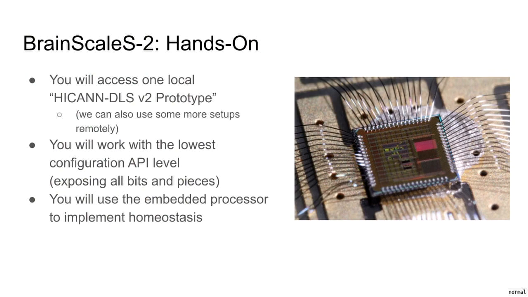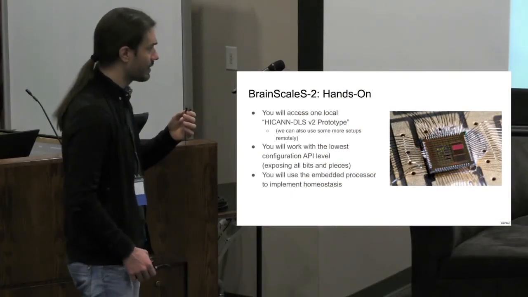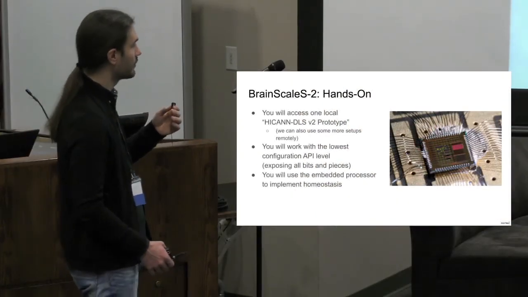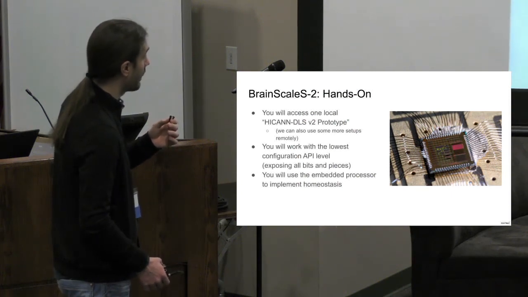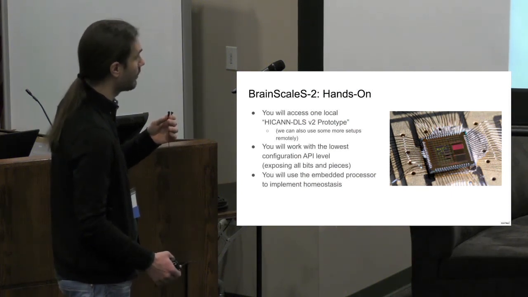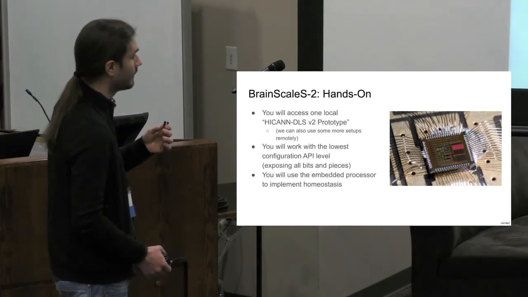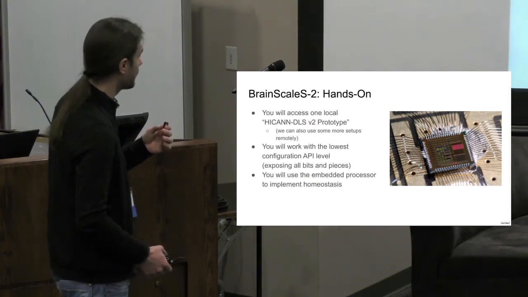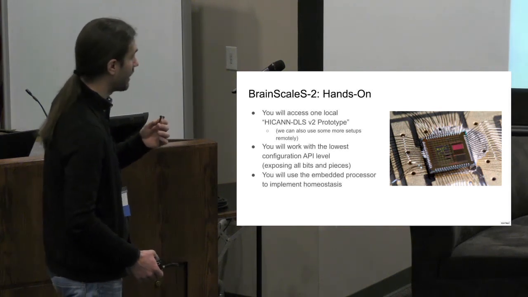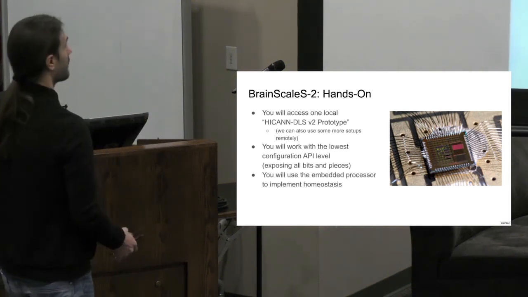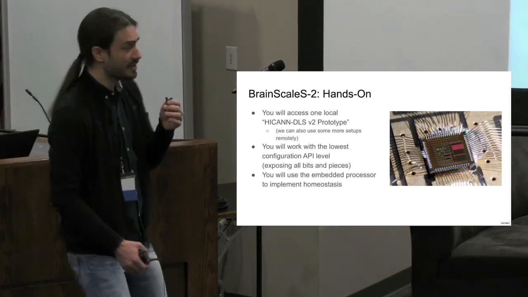You will also work with the embedded processor, and you will see how to write code for the embedded processor, how to upload it to the system, and how to build an experiment protocol on a low-level basis. So you will really see the low-level configuration and runtime API. Okay, and I think that's it regarding the BrainScaleS systems.